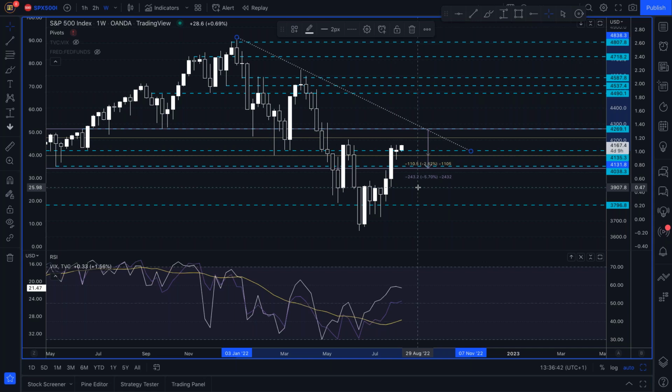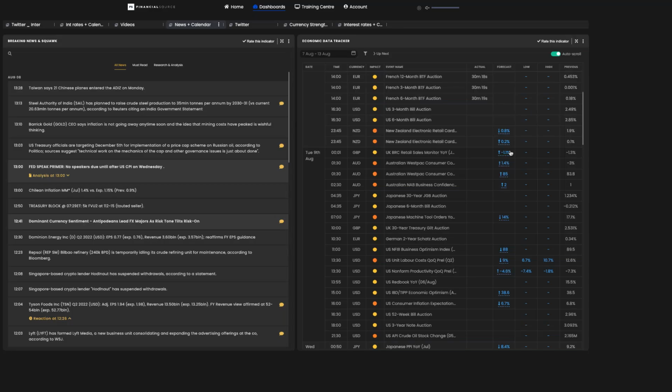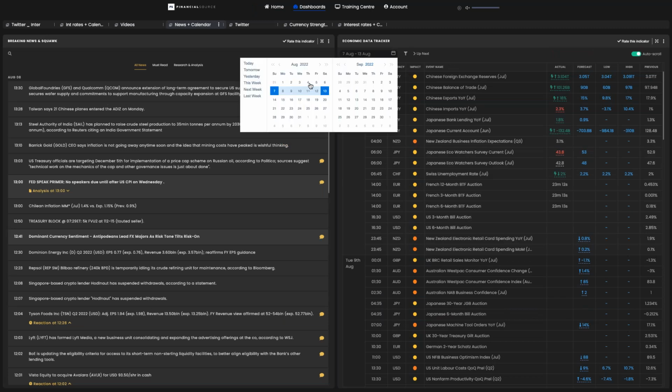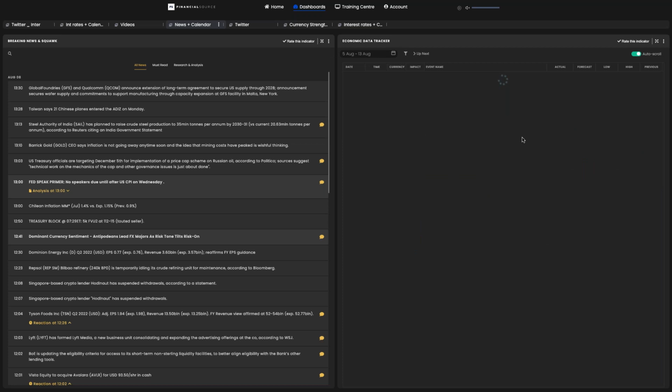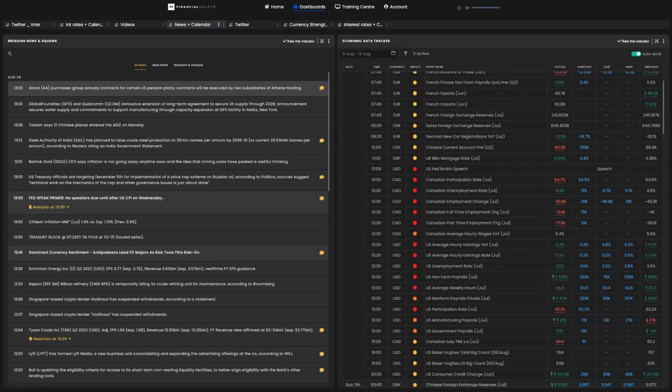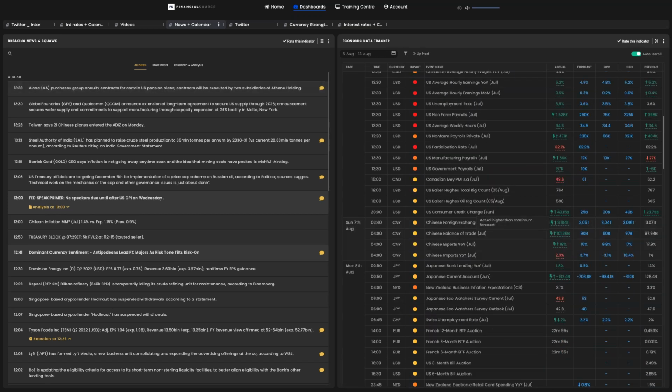Now, after the very strong NFP print last Friday, if you just take a look at the print here, you'll see that it came in as a very stunning print with the headline going above maximum expectations. It was over 500,000 for maximum expectations. You can see here the print came in, where is it?